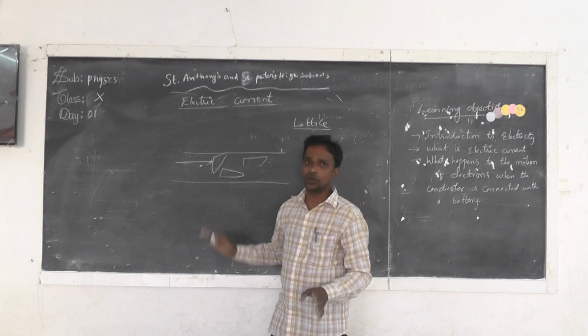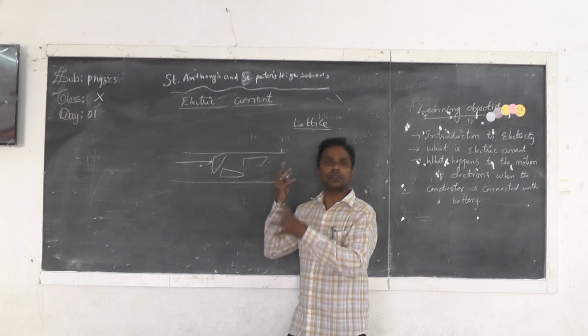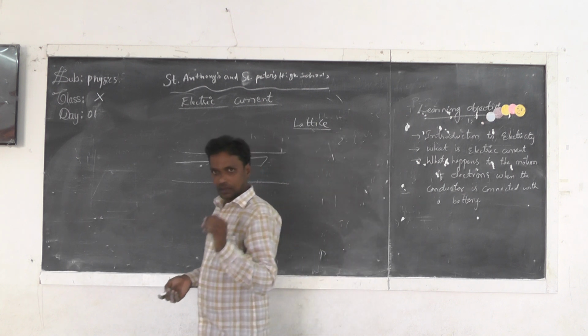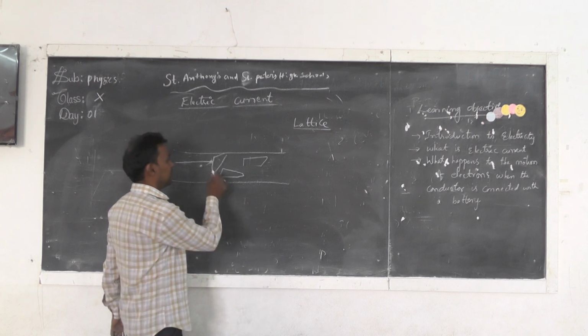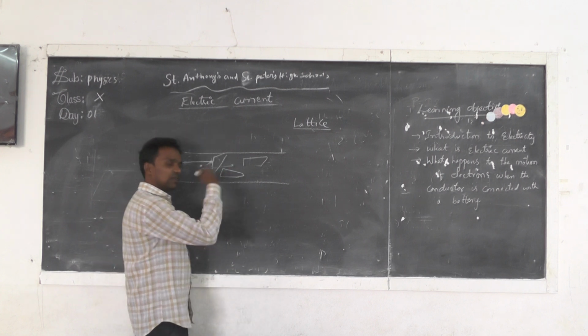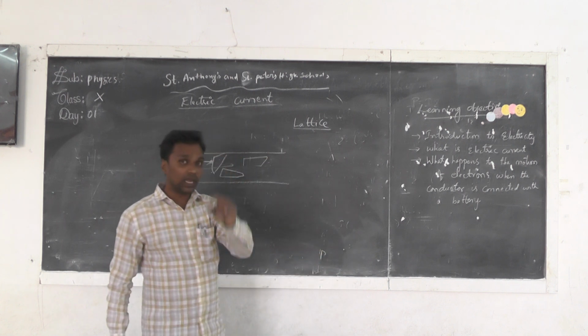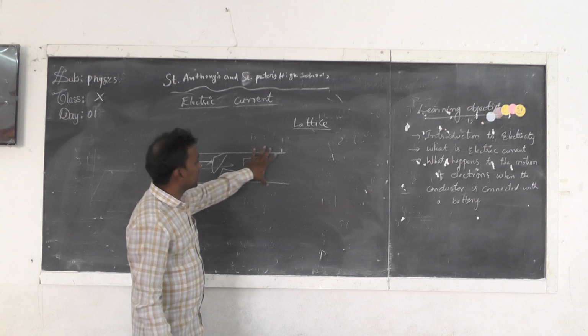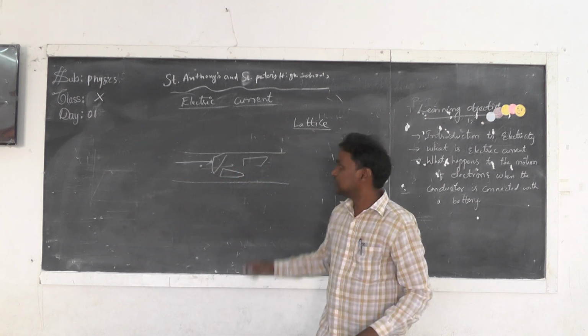But due to the electric field, the electron, the charge, will again be accelerated and travel fast, and hit another lattice. Due to that, this conductor is getting heated up.